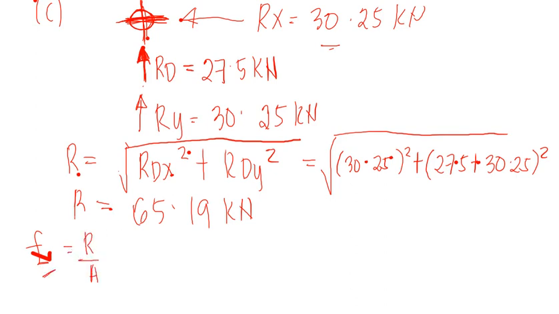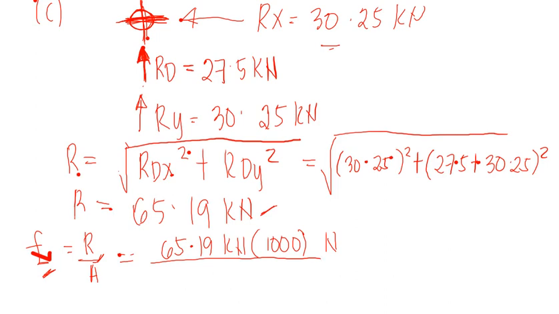So, yung maximum shear stress natin, maximum din yung gagamitin nating load, which is maximum load natin due to both moment and direct load is equal to 65.19 kilonewton. So, we have to multiply it by 1,000 para maging Newton over the area. So, ano yung area ng isang bolt? That is pi over 4, 22 squared.